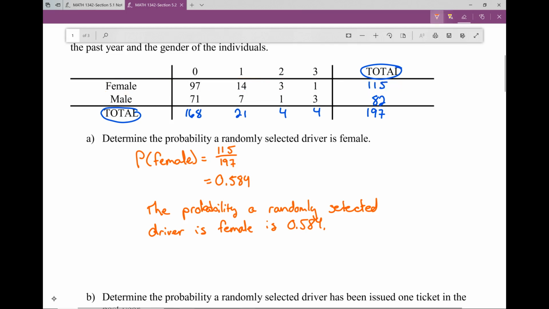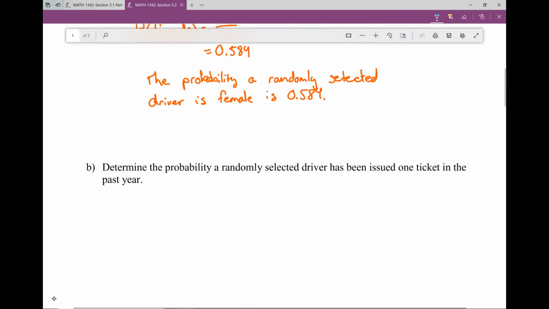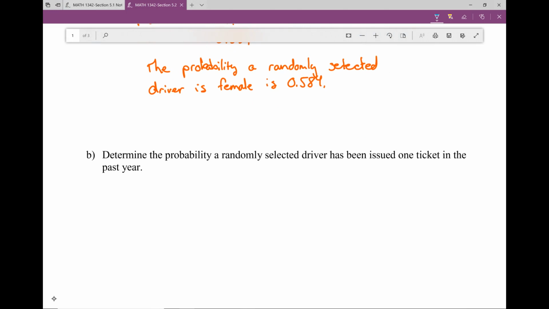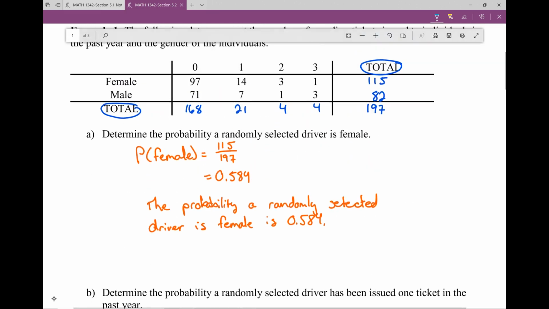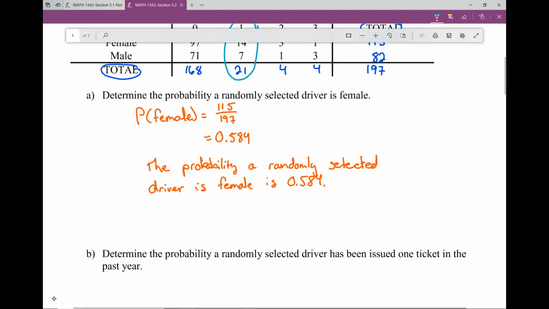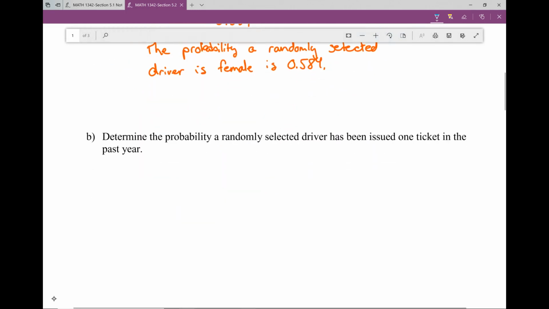Now let's look at the next one. Determine the probability a randomly selected driver has been issued 1 ticket in the past year. So let's look at our table. 1 ticket is right here. There are a total of 21 individuals with 1 ticket.